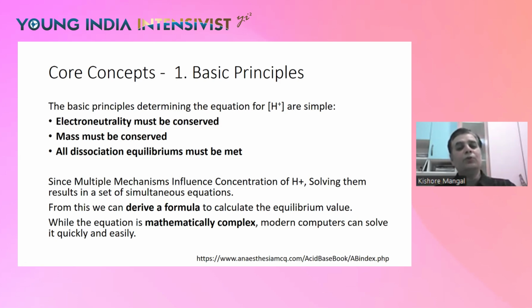And if we know the equations, and if we know the equilibrium values, the dissociation constants, then we can derive a formula. Although by seeing so many equations, the overall analysis will be very complex mathematically. A lot of calculations will be required. But if we have computers, we can solve it.